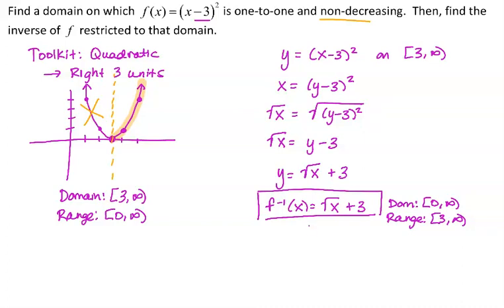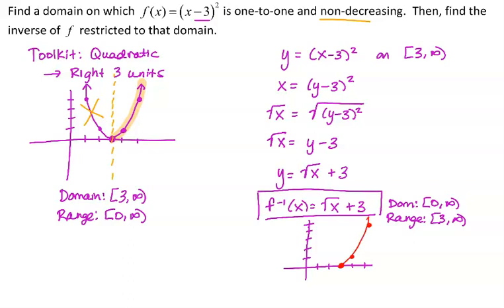Graphically, you can start to see the relationship between a function and its inverse if we look at these on the same graph. We could use what we know about the toolkit functions to help us out here, but we can also just use some points from our original function. If we think about some of the points that were on that half a parabola, we said that we had the points 3, 0, 4, 1, and 5, 4.